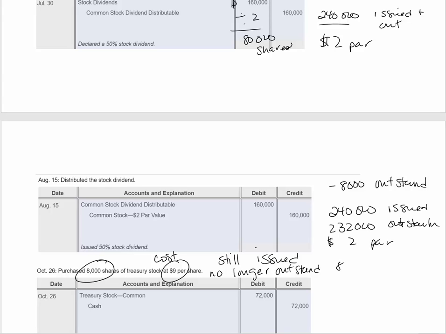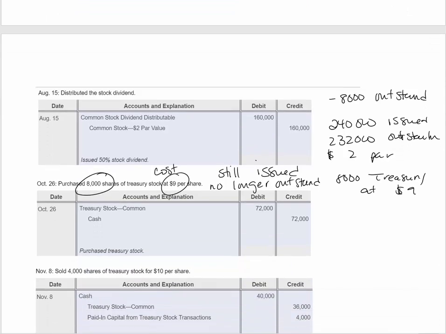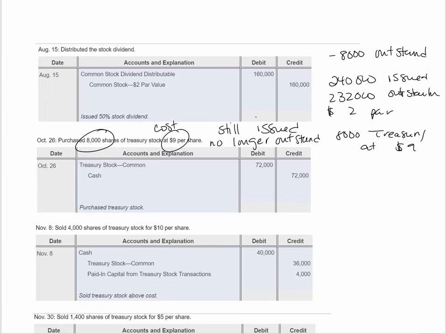And now we have 8,000 shares of treasury stock at what we paid for it, which is $9. Okay, so that takes care of this one. So here's our new totals: 240,000 shares issued, 232 outstanding, and 8,000 shares of treasury stock.